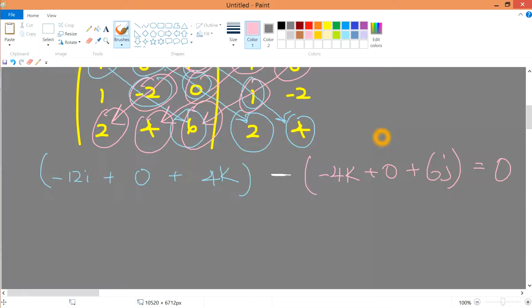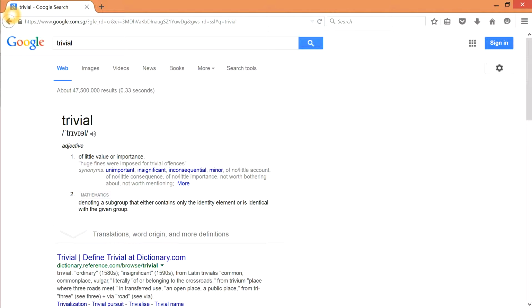And from what I have researched, determinant equals to 0 means that we have a non-trivial solution. Trivial means of little value or importance.